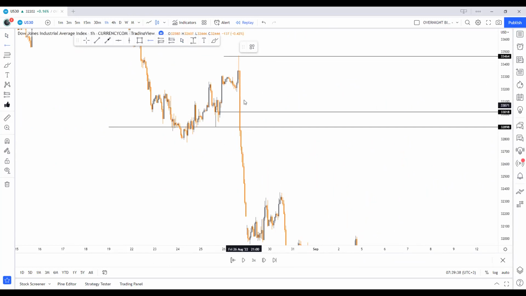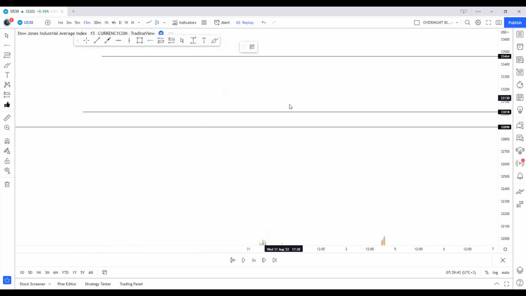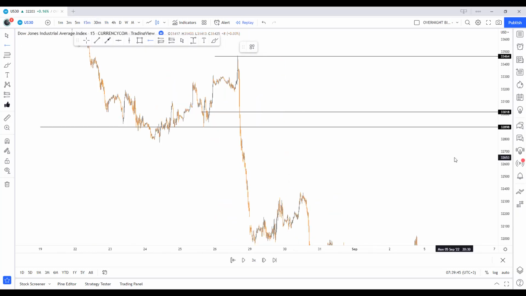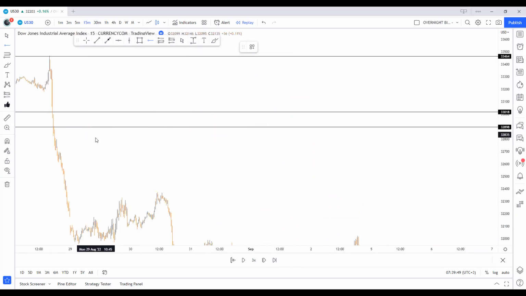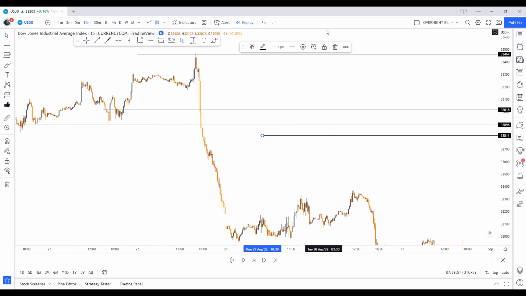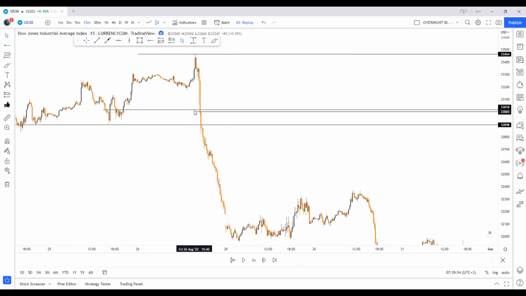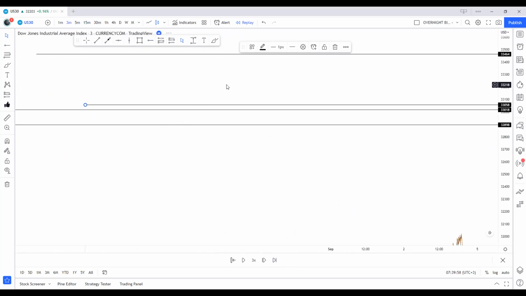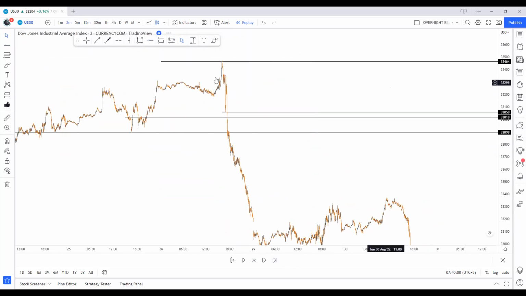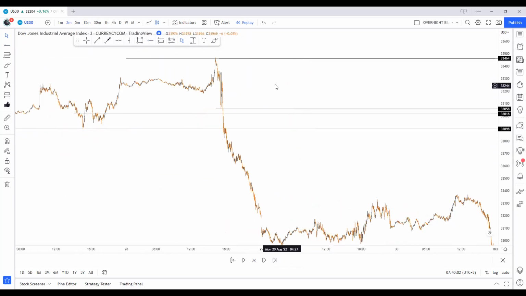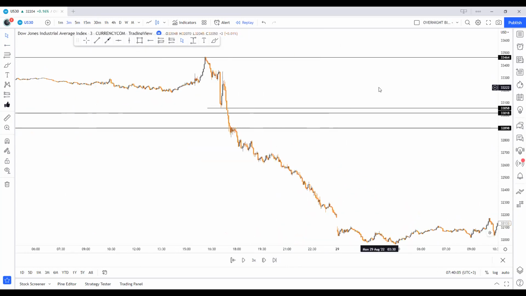Because I can't see anything that will guide me here, let me go maybe to 15 minutes and see. I need just to see the candlestick that blocks around this area so that I can put my stop loss in the right place. Don't want to risk that much. Okay, this one. This will be my stop loss.